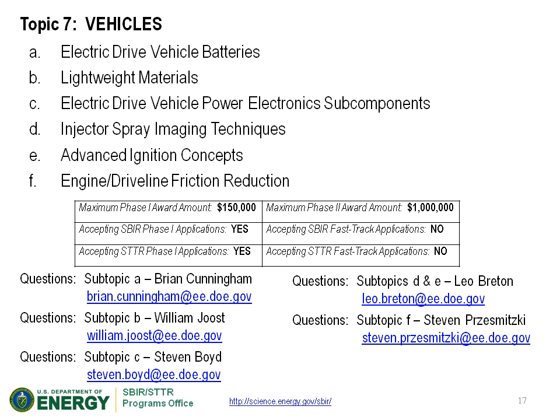In this subtopic, we're looking at developing and demonstrating unique lightweight materials and metal forming processes with the overall goal of weight reduction. We are looking at greater than 60% iron, aluminum, magnesium, or titanium by weight, with a weight savings of greater than 30% at a cost of less than $2 per pound of weight saved.